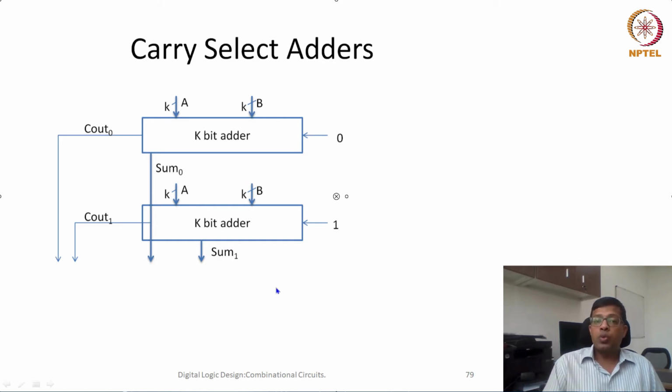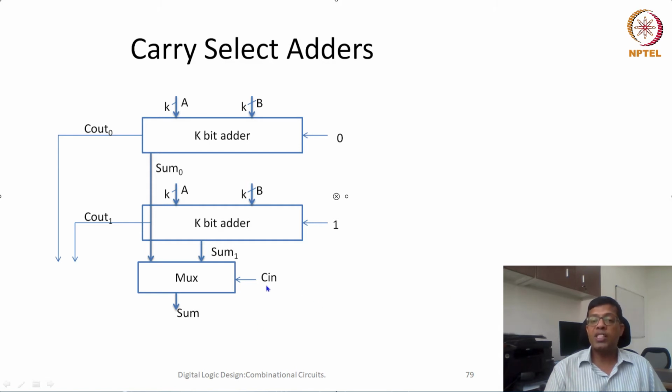Now why do we do this duplicate computation? Because at the end, as soon as we know C in, based on C in, if C in is 0, then it will select sum 0. If C in is 1, then it will select sum 1.